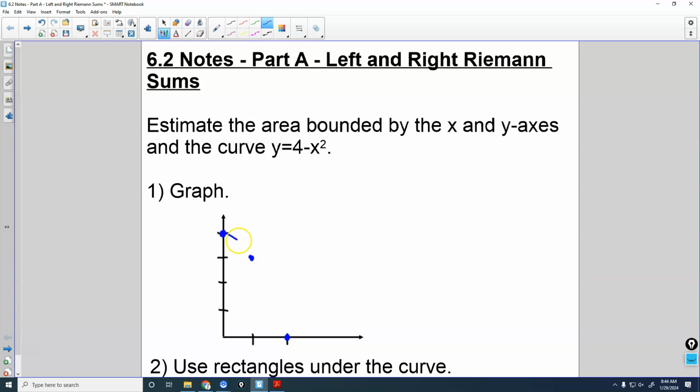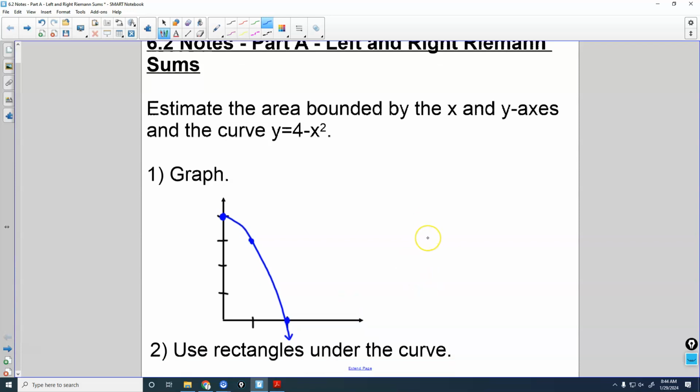So we're looking at this piece of the parabola. Okay, and it tells us that we're bounded by the x and y axes.